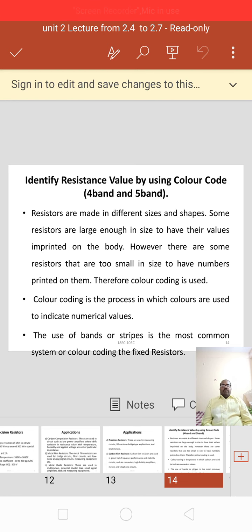Resistors are made in different sizes and shapes. Some resistors are large enough in size to have their values imprinted on the body.